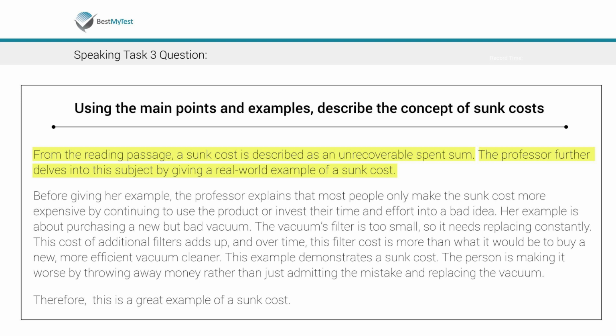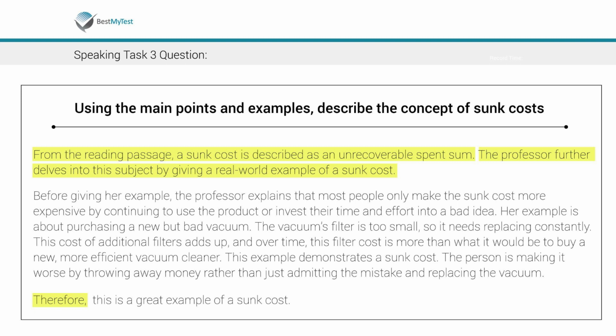The vacuum's filter is too small, so it needs replacing constantly. And this cost of additional filters adds up, and over time, this filter cost is more than what it would be to buy a new, more efficient vacuum cleaner. This example demonstrates a sunk cost. The person's making it worse by throwing away money rather than just admitting a mistake and replacing the vacuum. Therefore, this is a great example of a sunk cost.